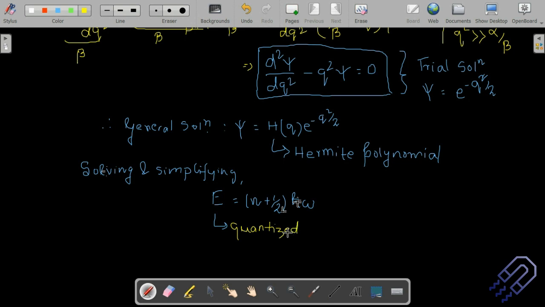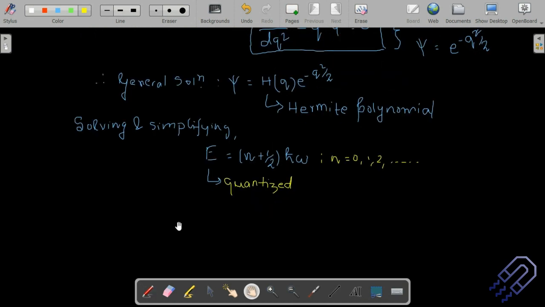So that's important. We're talking about quantization. Now the question is, where does n start from? In this particular case it starts from n is equal to 0, 1, 2, and so on. So n is equal to 0 will represent the ground state.